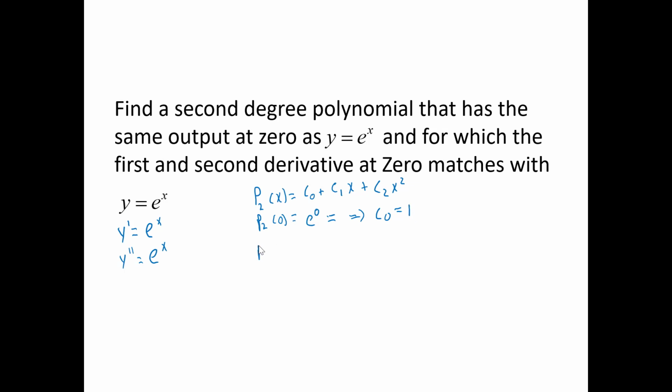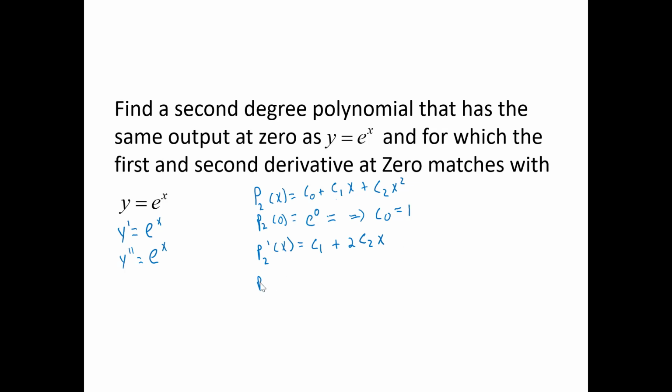And then when you look at the first derivative, p2 of x prime, what happens there is this constant term goes away. The derivative of this term is just c1, and the derivative of this term is 2c2, and don't forget to take 1 away from the exponent.